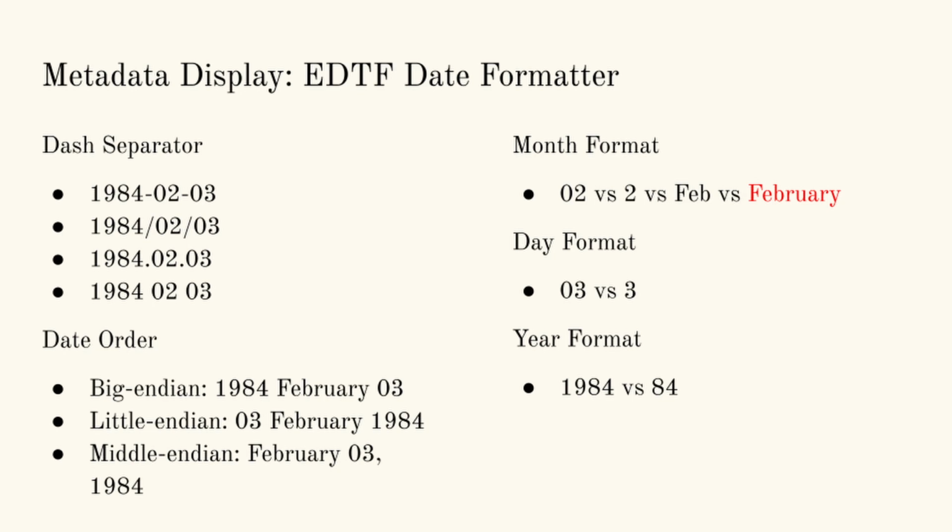The 3 that you are seeing there are all with space as the date separator because it is using the words for the month, which is one of the other things that you can change. So it can be a 2-digit month, it can be a 1-digit month, it can be an abbreviation of the month like Feb, or it can be the full month like February.